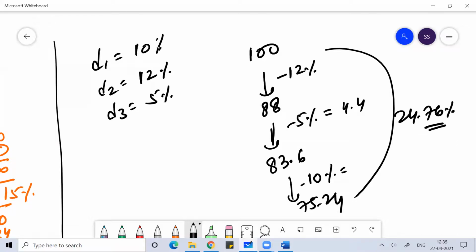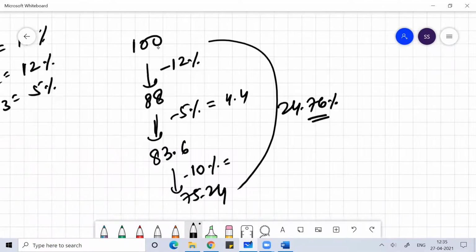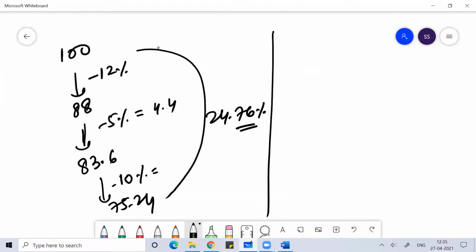That is your net equivalent discount. Here you need to understand that if you are finding the net equivalent discount, the order doesn't matter.